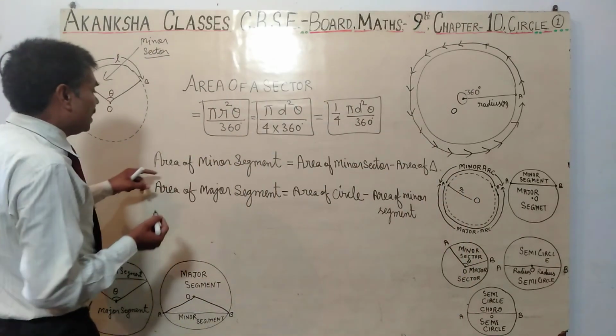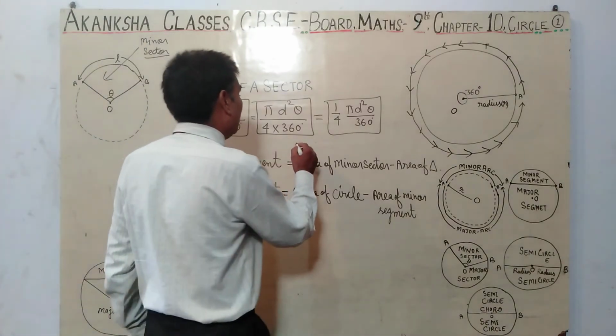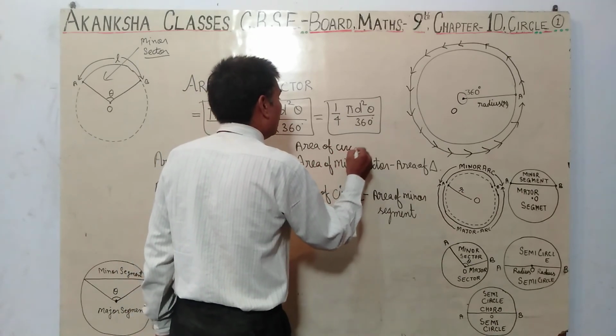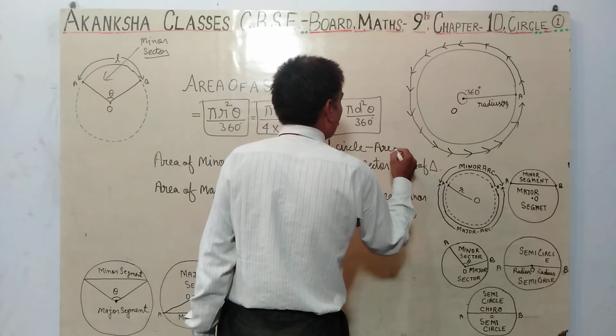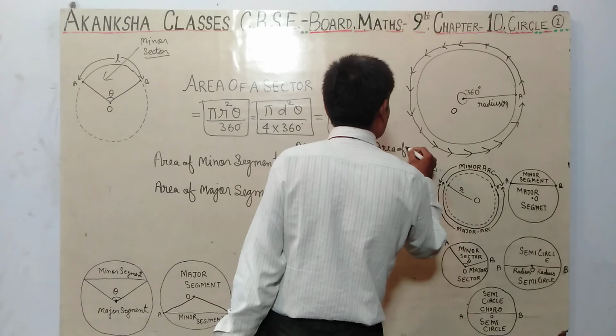We also can find the area of minor segment in the same way: area of circle minus area of major segment.